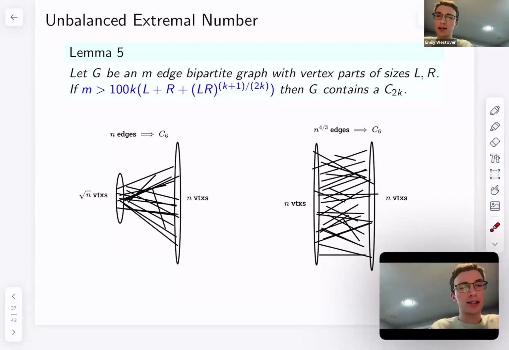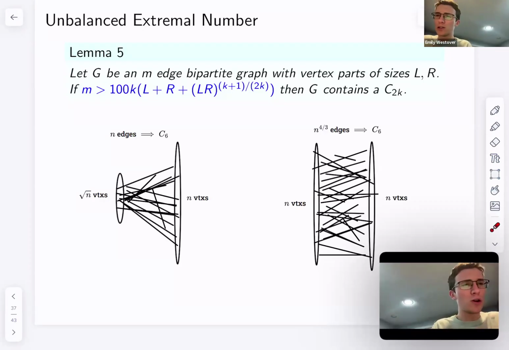This result is the reason why, if you don't have any 6 cycles, you have to have a very small number of capped 3 walks, and the same thing for any other value of k. That's how you would prove that.